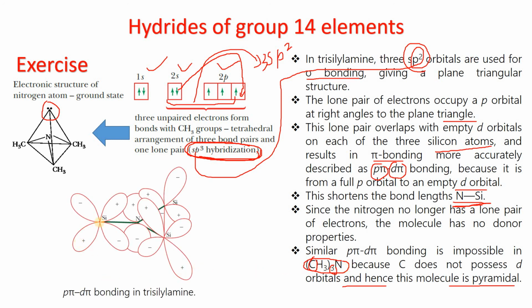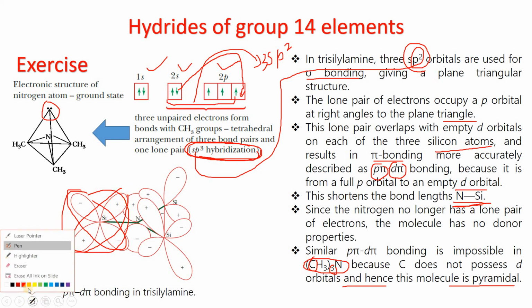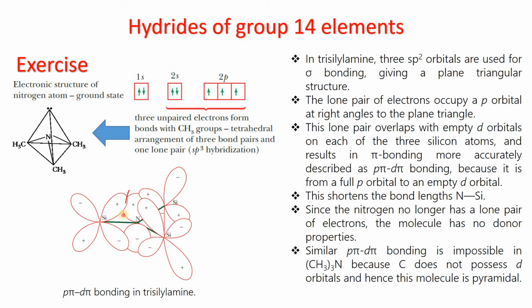So this is silicon, and these are the d orbitals on the silicon. As we know, a d orbital has 4 lobes when it is dxy, dyz, dzx, or dx2-y2. This is the nitrogen atom, and this one is the pz orbital, or any p orbital with 2 electrons, a lone pair of electrons, and this is silicon and this is silicon.